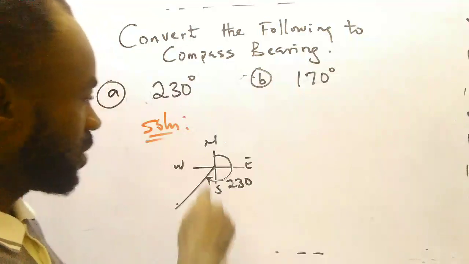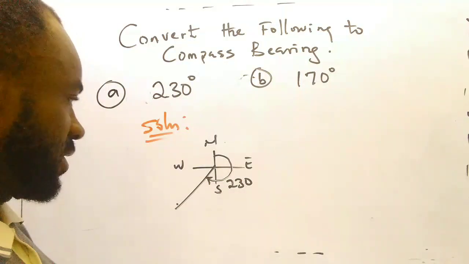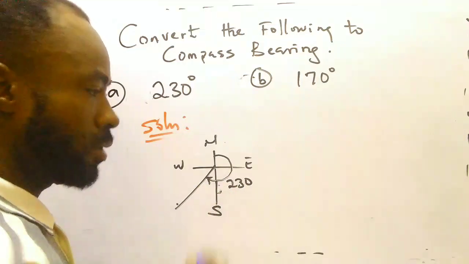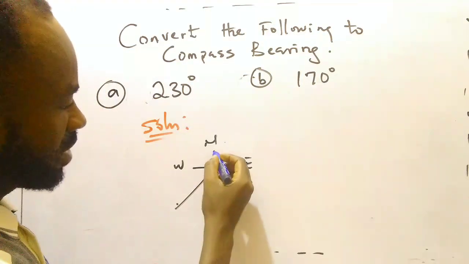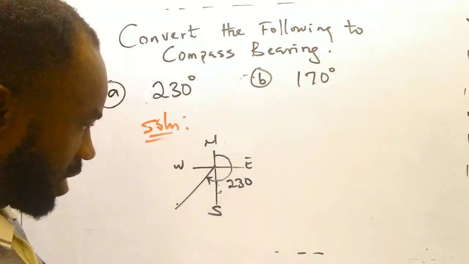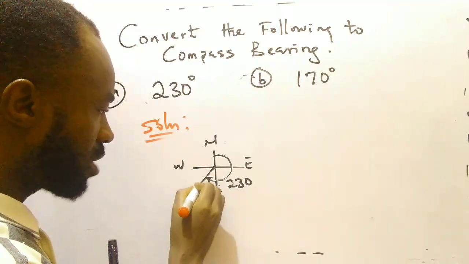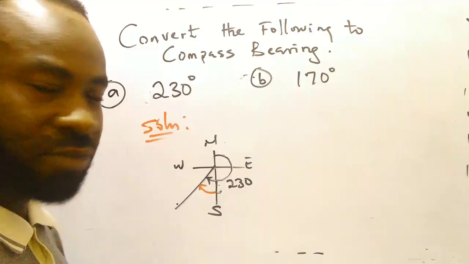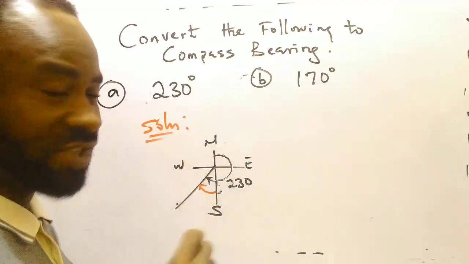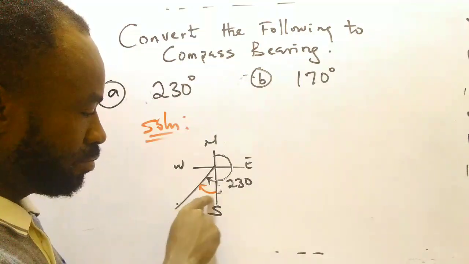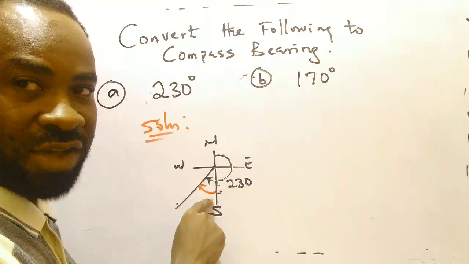Let me extend this so that you can see the south very well. The acute angle that is measured from either the north or the south is the angle we want.